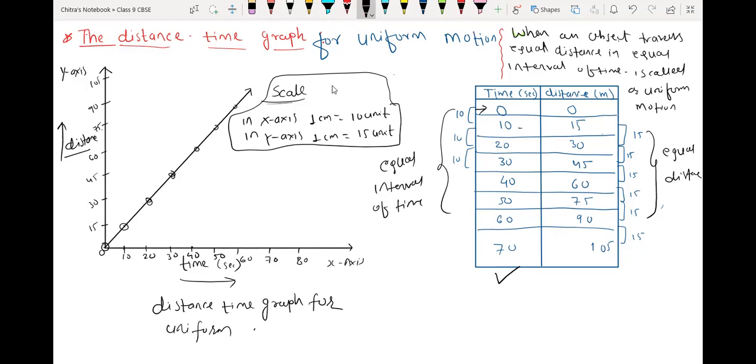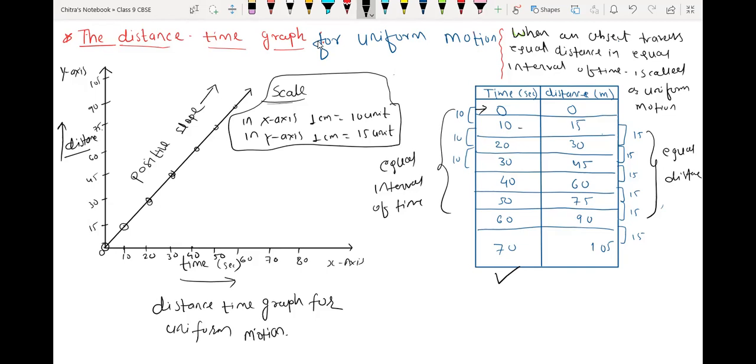And this slope is a positive slope. That is why it is going in the upward direction. So here we have completed our distance time graph for uniform motion.